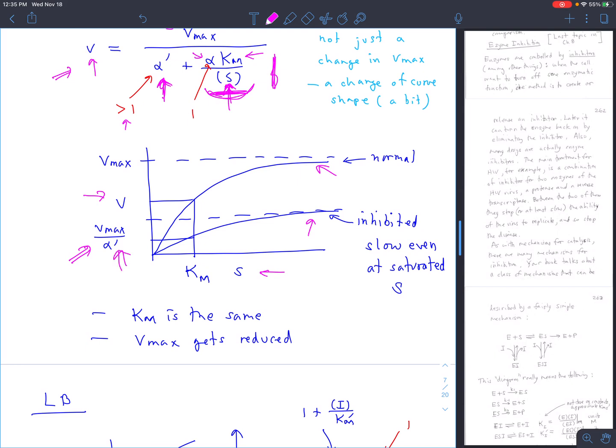We saturate out at Vmax over alpha prime. So it's kind of the obverse, or the reverse, of what we saw before. The Km value stays the same, so we saturate as fast, but we saturate at a lower value, at a smaller enzyme rate velocity than we did before.